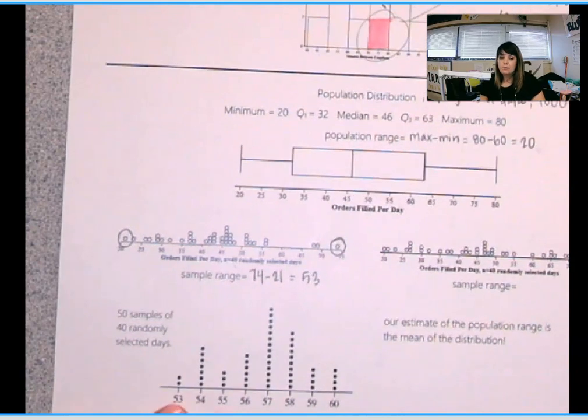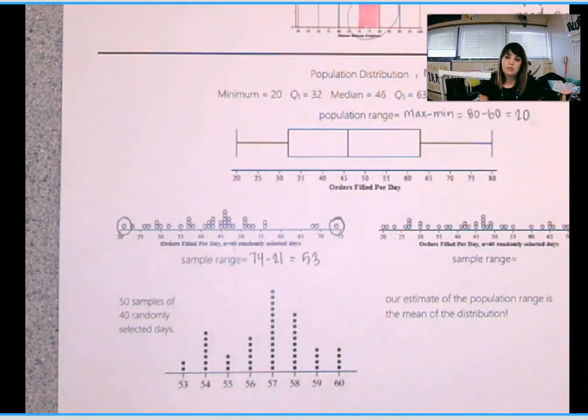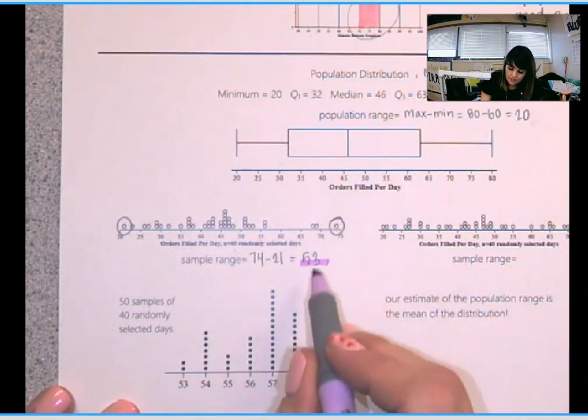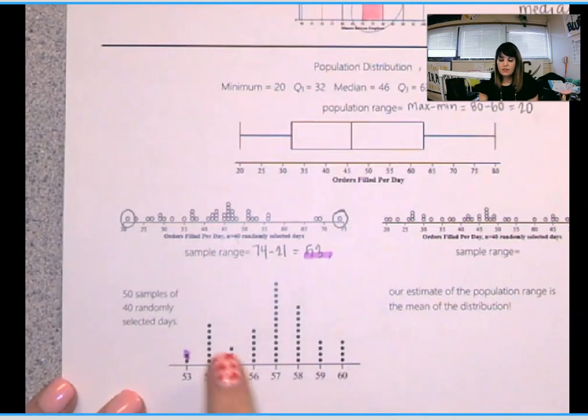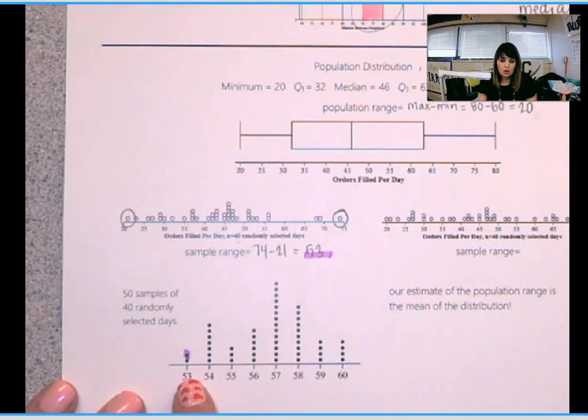In this sample, the range of orders filled, the difference between the max and the min is 53. When I plot that with the rest of the samples that I take, this one value is one of these dots. One of these dots at 53. This represents a sample that had a range of 53.